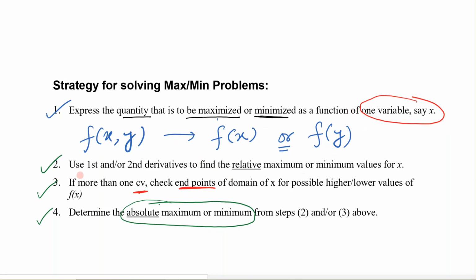Then we use the first or second derivative test to find the relative maxima or minima. If there is more than one critical value, we also look at the endpoints of the domain for possible higher or lower values of the function. Based on steps 2 and 3, we find the absolute maxima or minima of the problem.